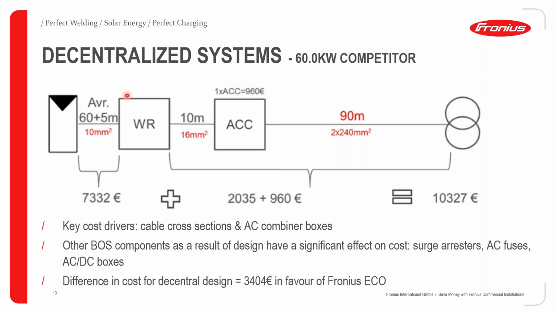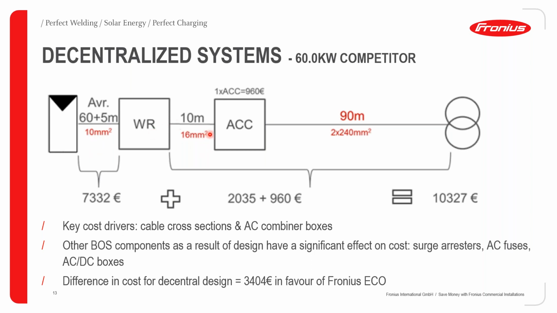In comparison, we look at the 60 kilowatt competitor inverter and approximately the same distance on the AC side of about 100 meters. But we have a slightly longer distance on the DC side. So it's about 65 meters with 10mm square cables.